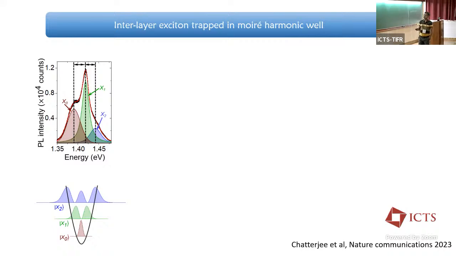You clearly see the signature of three different peaks, and they are more or less equally separated. This has been touted to be the signature of a harmonic potential well. It's a 2D harmonic potential well, so you expect that the states are equally separated, and this is a signature of that.